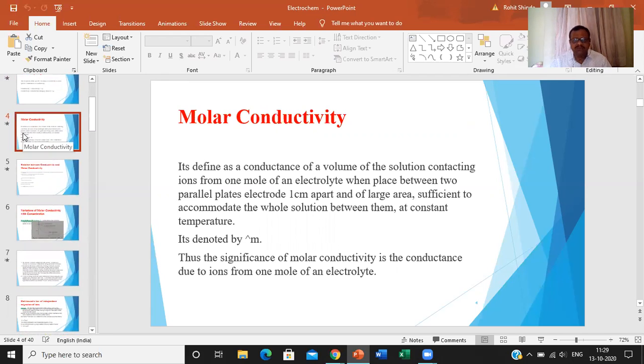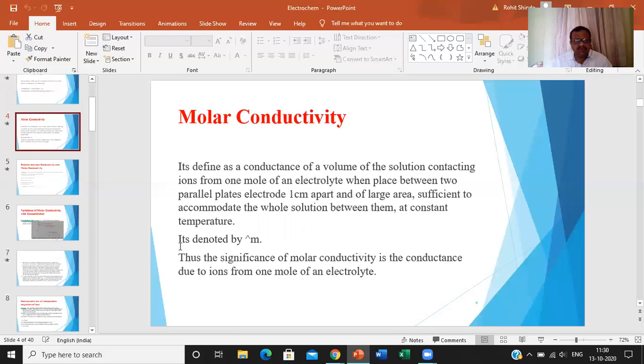The molar conductivity is defined as the conductance of a volume of a solution containing ions from 1 mole of an electrolyte when placed between two parallel plates, electrodes 1 centimeter apart, and a large area, sufficient to accommodate the whole solution between them at constant temperature.